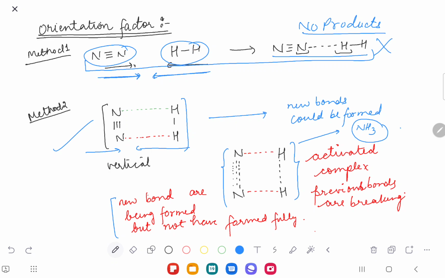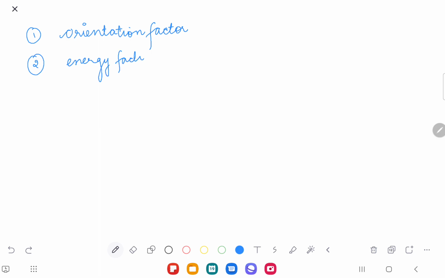Okay, so understand one thing. To carry out a particular reaction, there are two important factors according to collision theory. One would be the orientation factor, and one would be the energy factor.